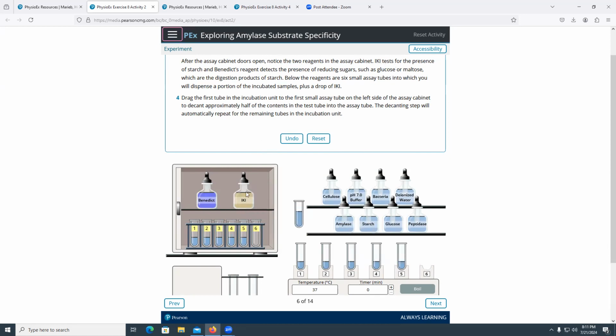So we have the IKI to test how much reactant we have, and how much product we have, which are the digestion products of starch. Below the reagents are 6 small assay tubes into which you will dispense a portion of the incubated samples, plus a drop of IKI.